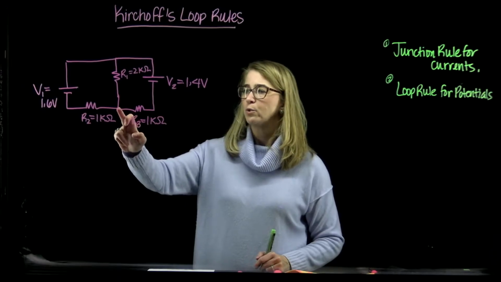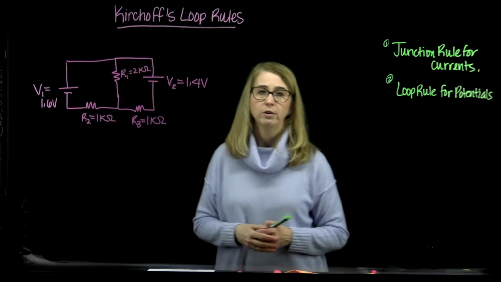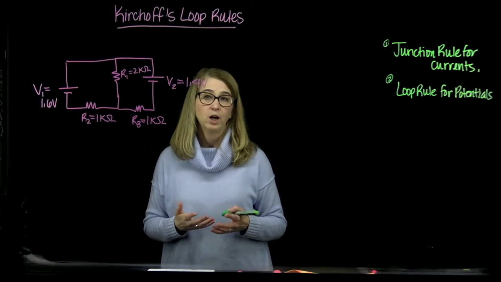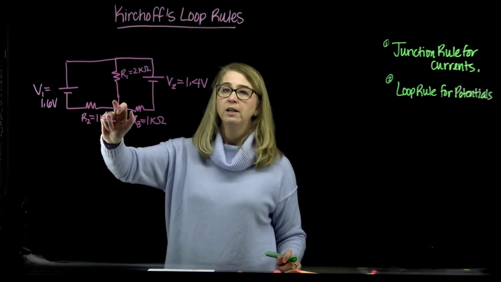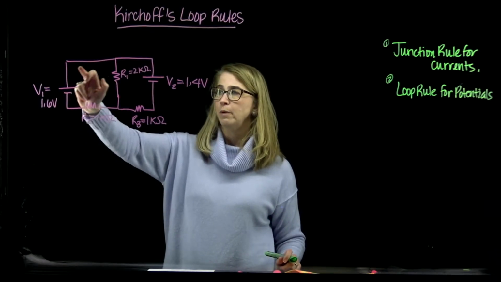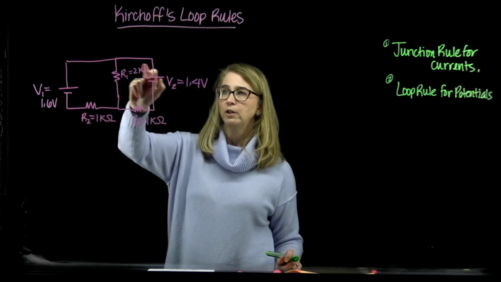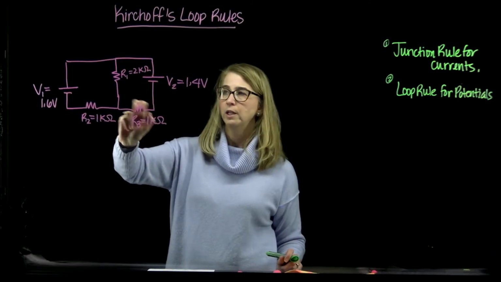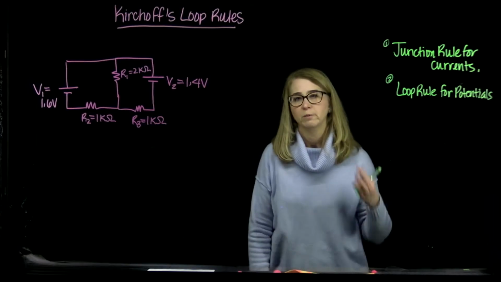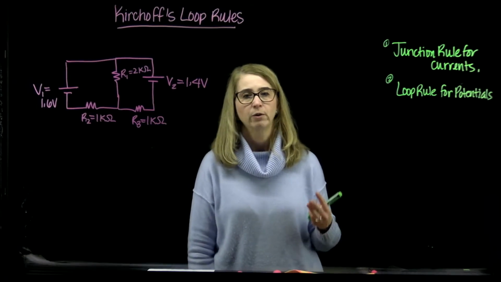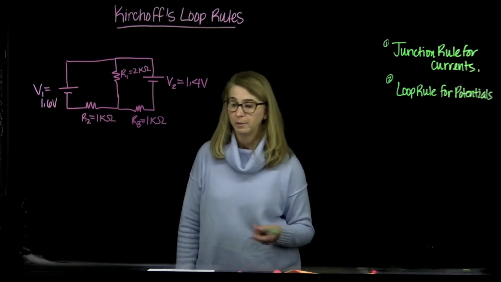And the places where the current can merge or split up, which are called the junctions, are going to help you. There's a junction here and a junction here. Because of that, I know that there's going to be a certain amount of current through this portion of the circuit, a different amount through this portion, and then even a different amount through the middle. So I know there are going to be 3 different currents in this circuit. And so I want to label them.